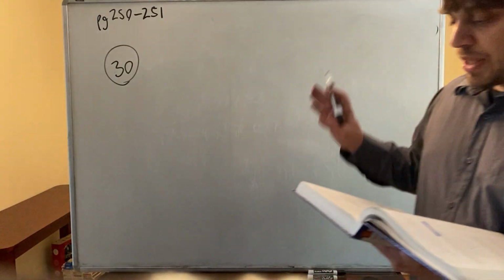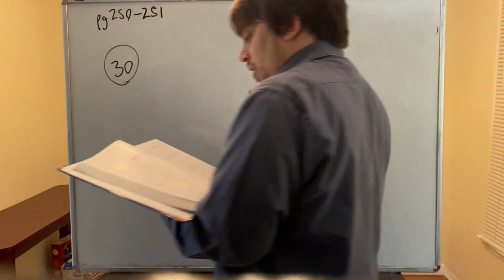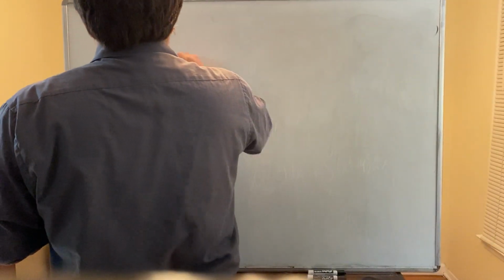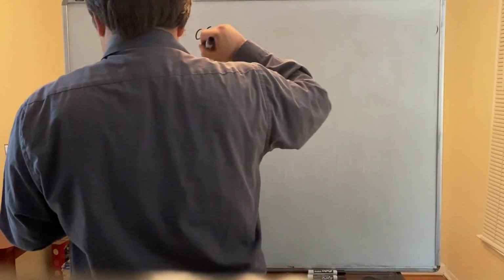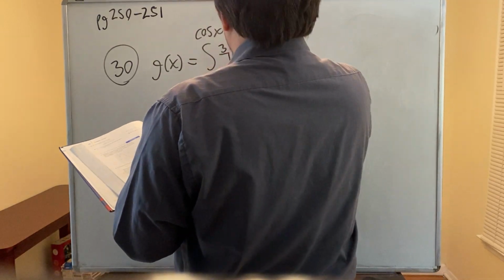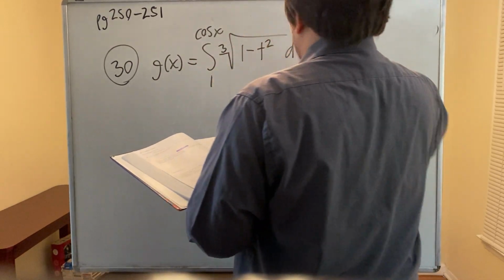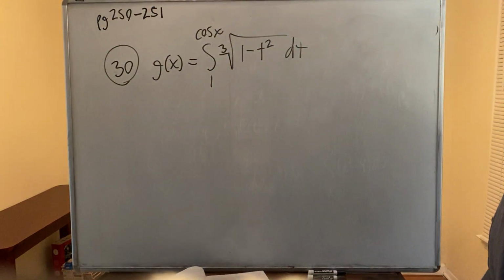Number 30 on page 251 is find the derivative of the function. So the function is g of x is equal to the integral from 1 to cosine x of the cube root of 1 minus t squared dt. We want to find the derivative of it.